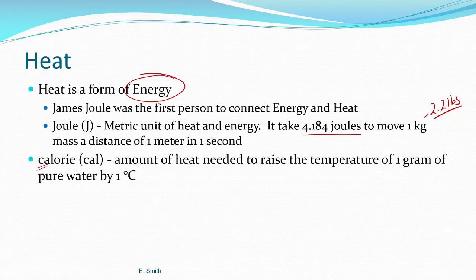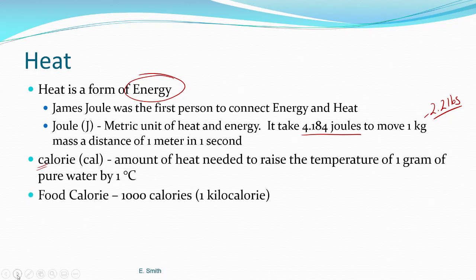So there is a relationship between joules and calories, okay? In certain countries, they don't use calories. They actually use joules for measuring the energy values in food. A food calorie, as a reminder, is equal to 1,000 calories, which is equal to 1 kilocalorie.